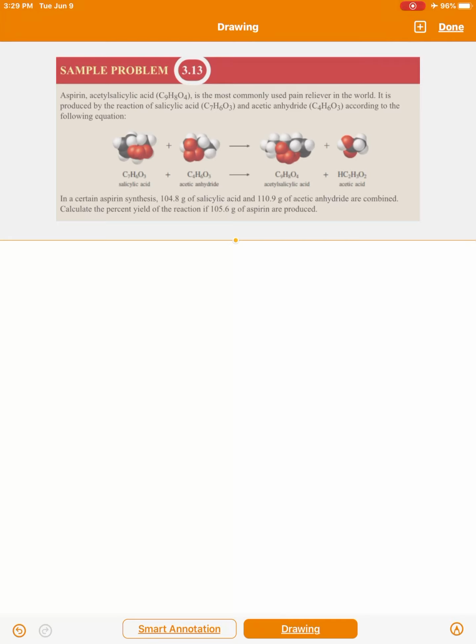So we'll go ahead and point out that the percent yield can be calculated by taking the actual yield, dividing that by the theoretical yield, and then multiplying that by 100%.